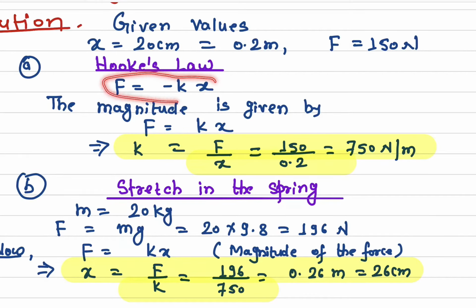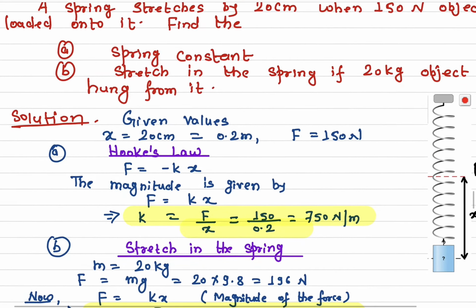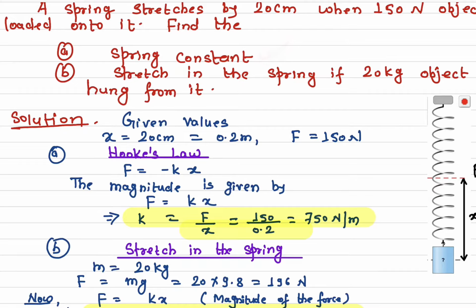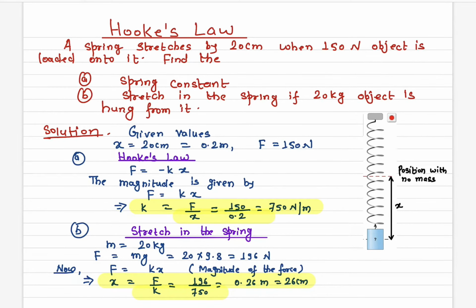Anyway, now let's get back to here. The magnitude of this force would be simply k times x, and we have to calculate k, as it is asking here: what is the spring constant? So k will be simply force divided by the displacement. The force is already given, which is 150 Newton, and the displacement is 20 centimeter, and you have to change the 20 centimeter to meter.